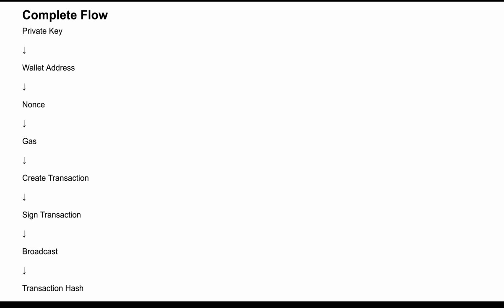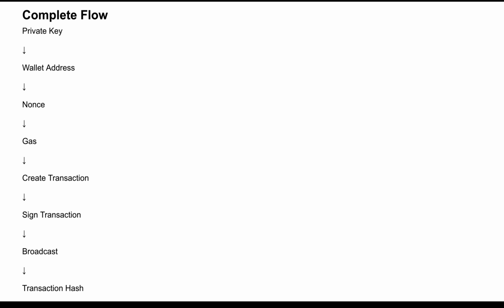So the complete flow is this. You get your private key, and you can get your address from the private key. You can derive your nonce from that wallet address, and then you can get the gas limit and the suggested gas price that you're supposed to use for that transaction.